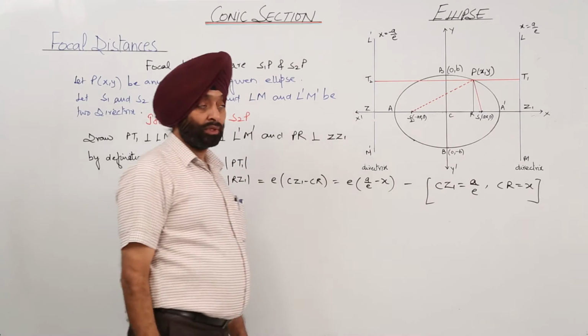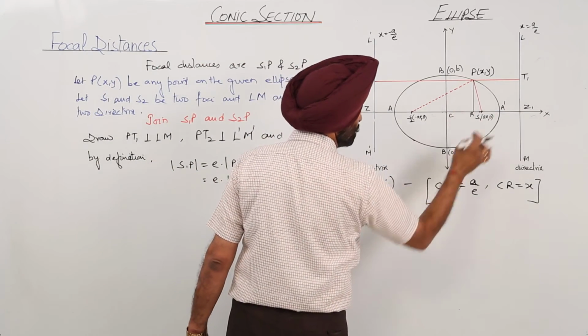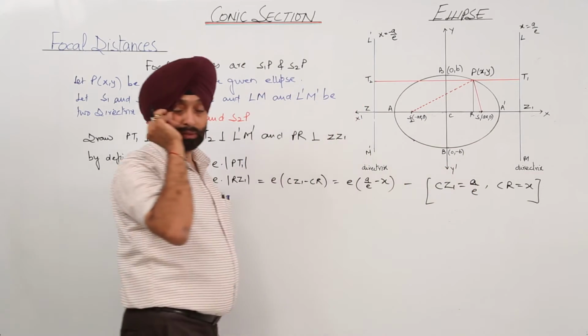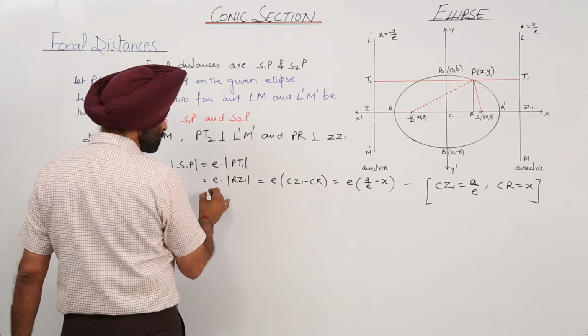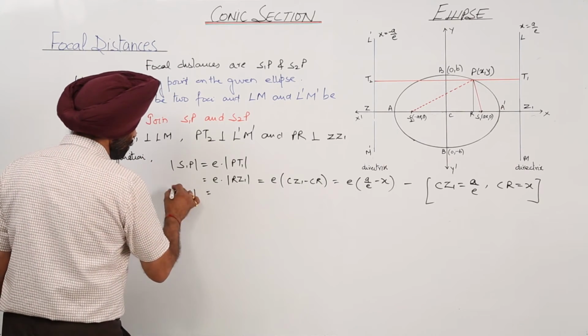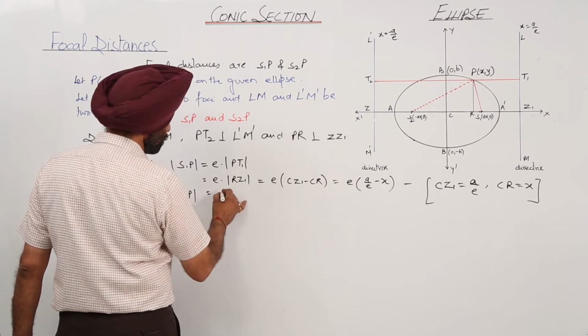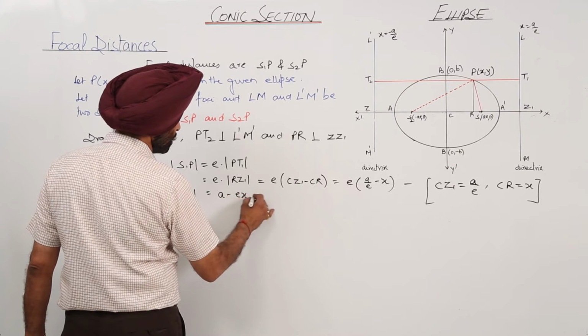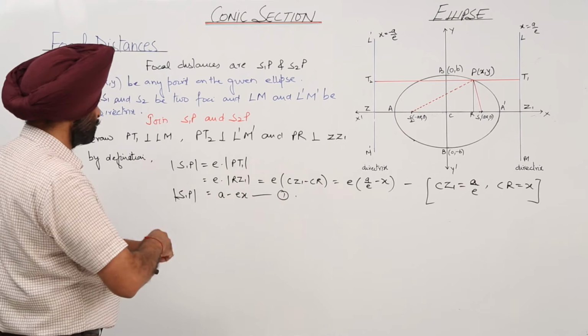And we have already done that CZ1, the distance from C to the directrix, is a/e. Now solving this part, S1P is equal to a minus ex. Let this be 1.